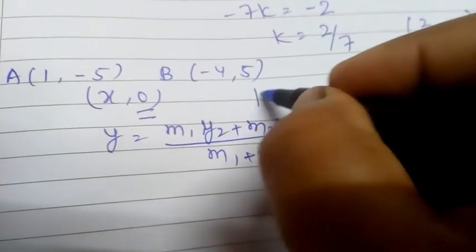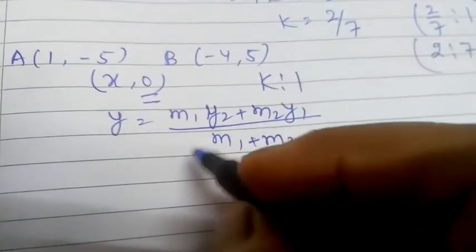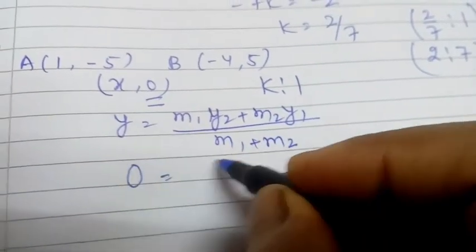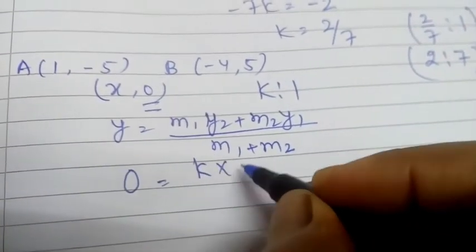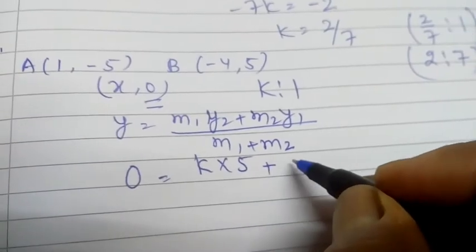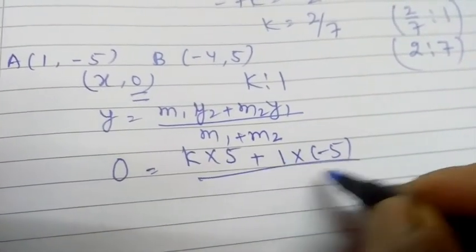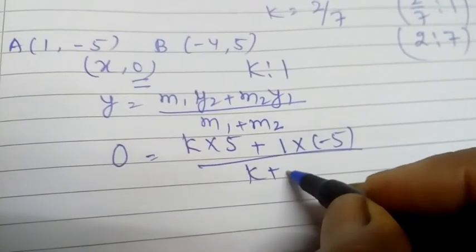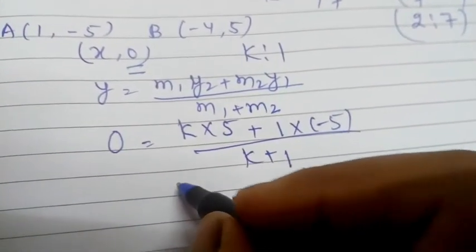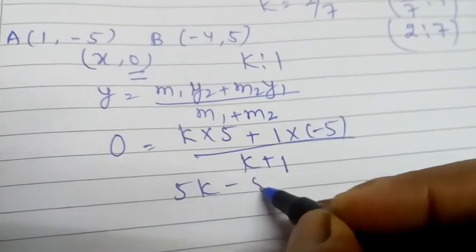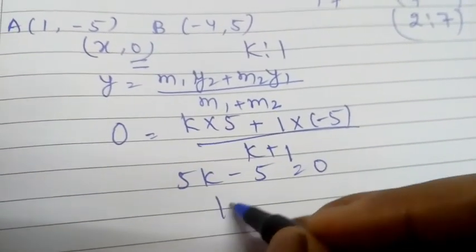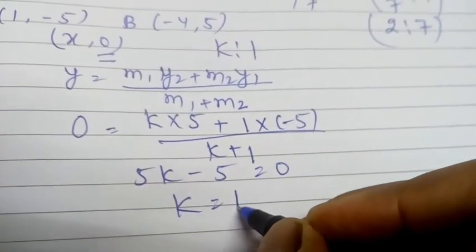Let the ratio be k is to 1. Here m1 is k, y2 is 5, plus m2, which is 1, times -5, upon k plus 1, equals 0. By cross multiplying, 5k minus 5 equals 0, k equals 1.